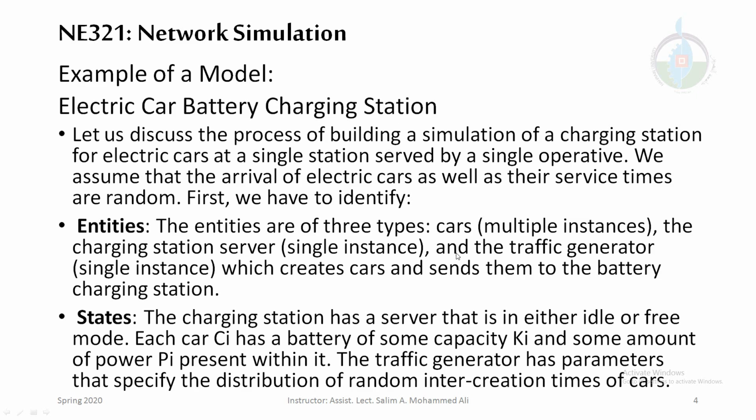And we have the traffic generator, a single instance, which creates cars and sends them to the battery charging station. The entity that generates the traffic for cars to enter is also an entity.